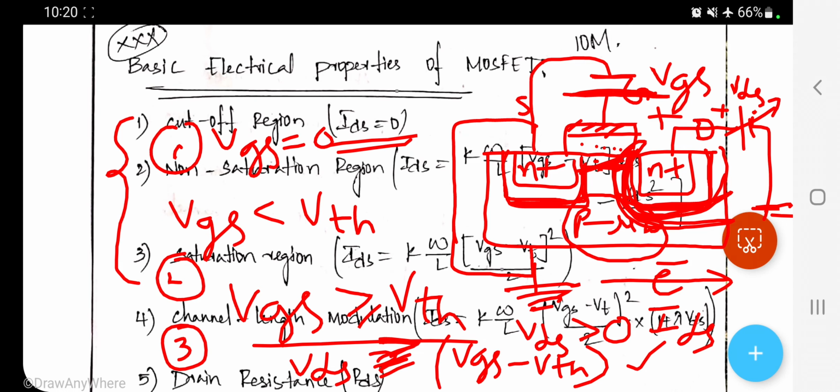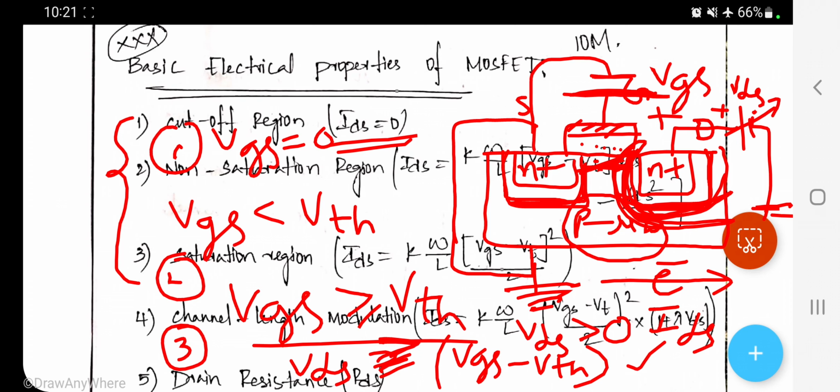So even 2 volts or 1.5 volts will give a very high electric field, because of VDS divided by the channel length. So the electrons move very fast, crossing the depletion region and entering the drain. When we have transverse and longitudinal electric fields, about this we'll see in later classes.